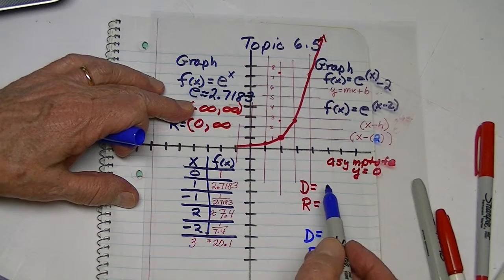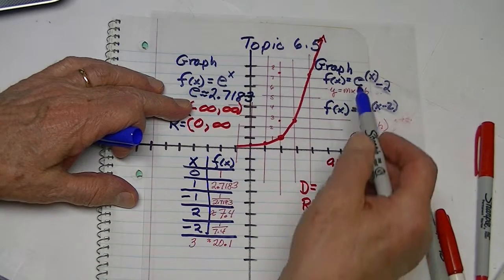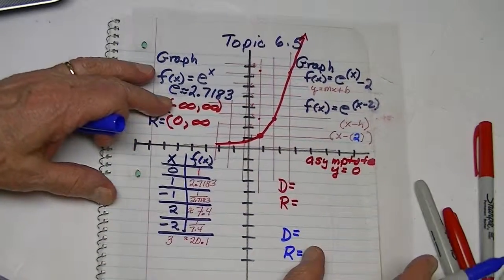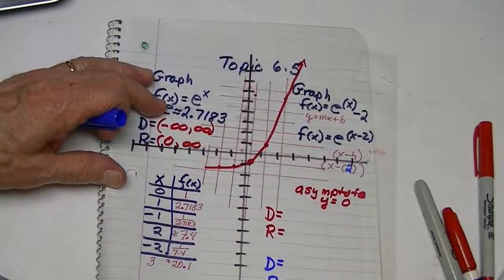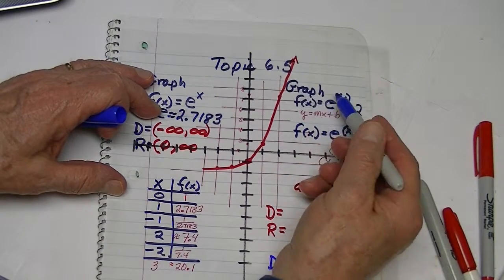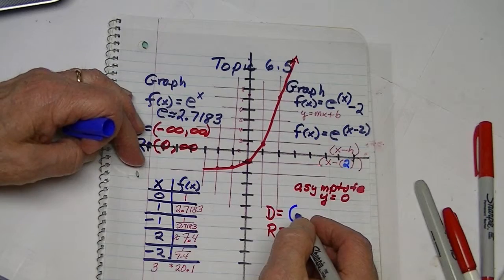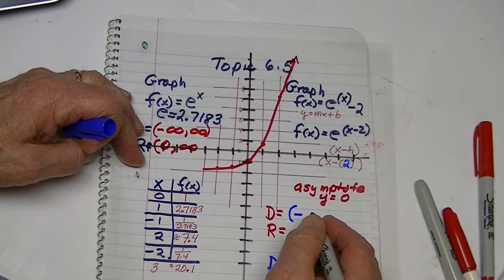Now, let's do our domain of these. Notice that when it was this first one where we moved it down to this one here, our domain now still stays from negative infinity.